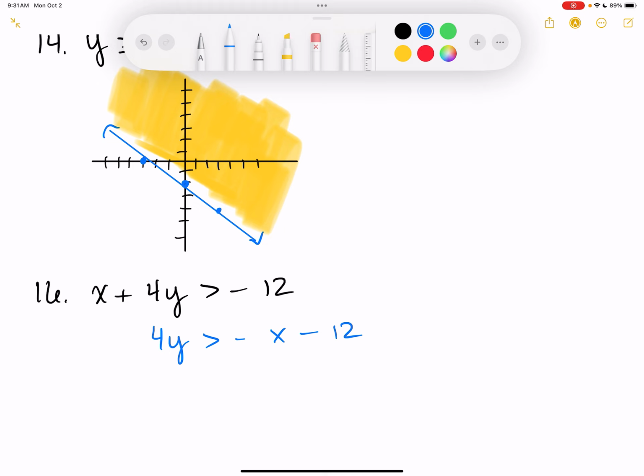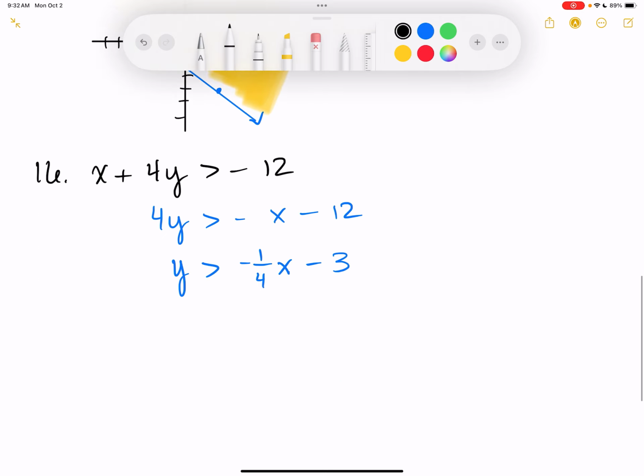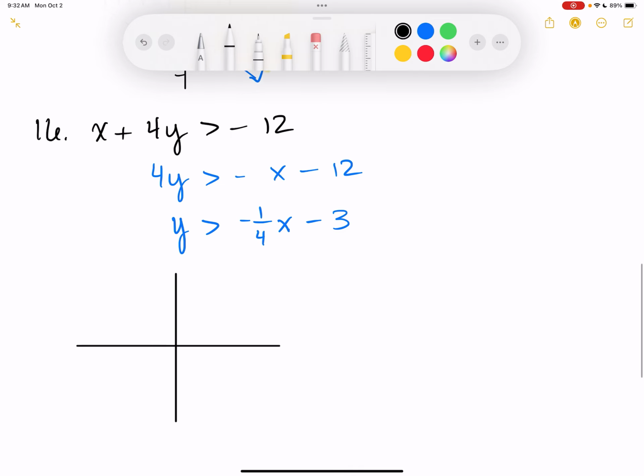Divide by 4. So y is greater than negative 1/4 x minus 3. And don't forget, because this confuses people a lot, when you multiply or divide by a negative with these kind of problems, you got to make sure you change the inequality sign, because that'll change where you're shading.